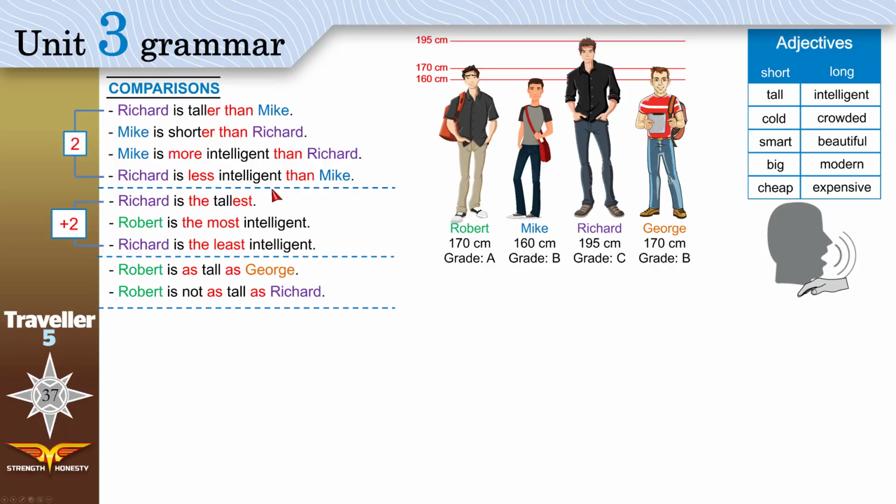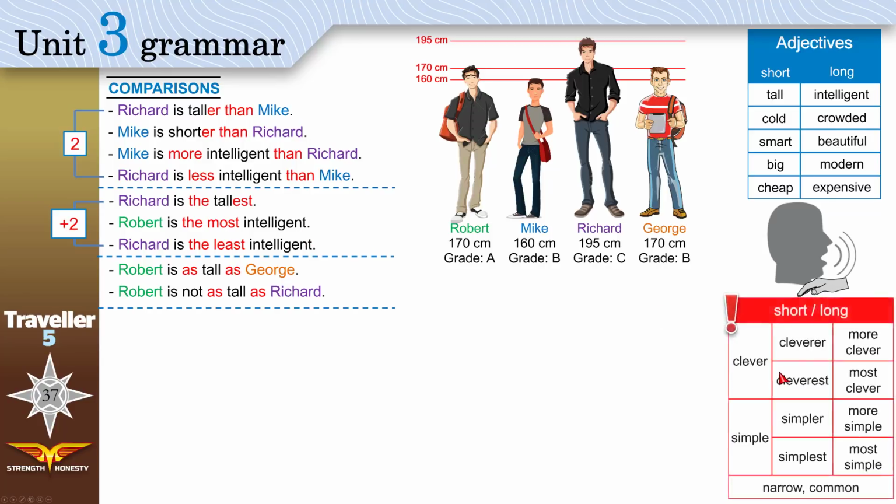Now, this is what we learned in previous years, plus a few exceptions. Now, this is a new thing. The adjectives clever, simple, narrow, and common. Narrow is the opposite of wide. They can be dealt with as short adjectives or long. Deal with them the way you like.